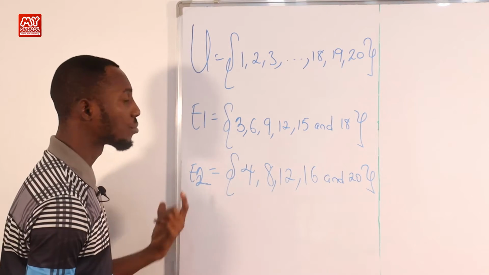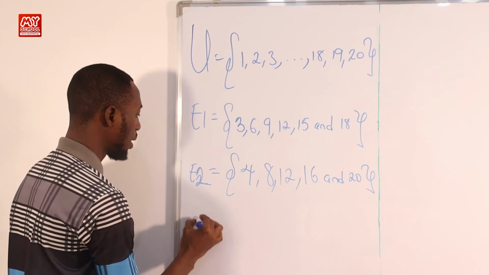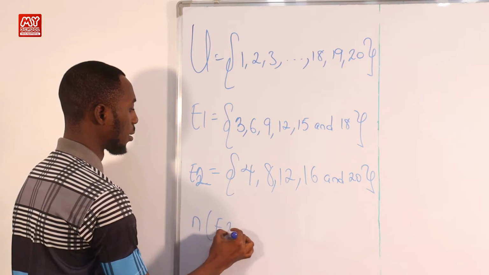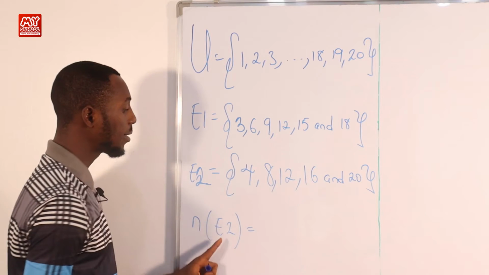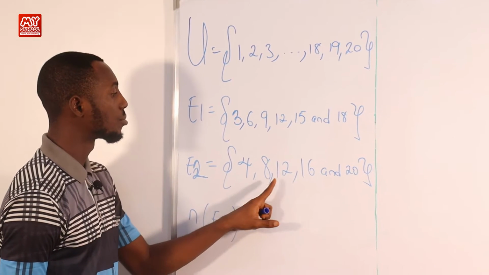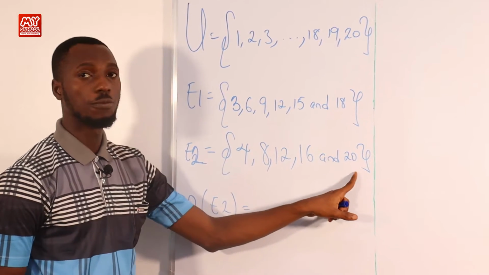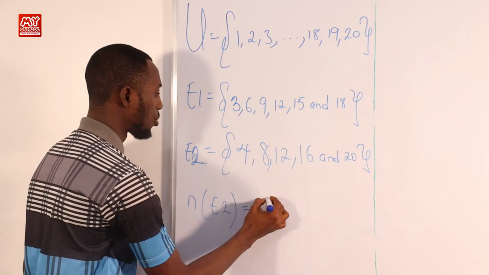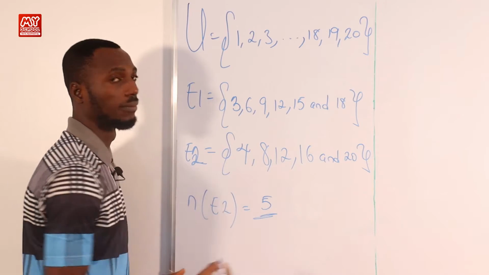So basically, if you want to quantify this, we'll just say number of members in E2. How many are they? 1, 2, 3, 4, 5. So it's just 5. Very well.